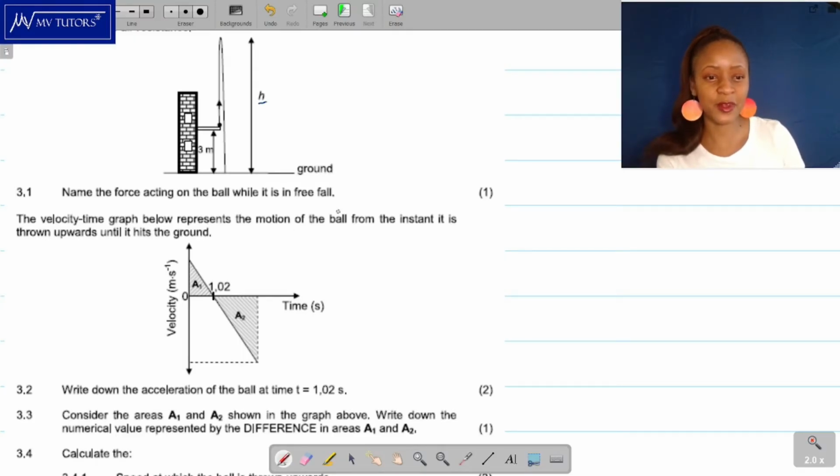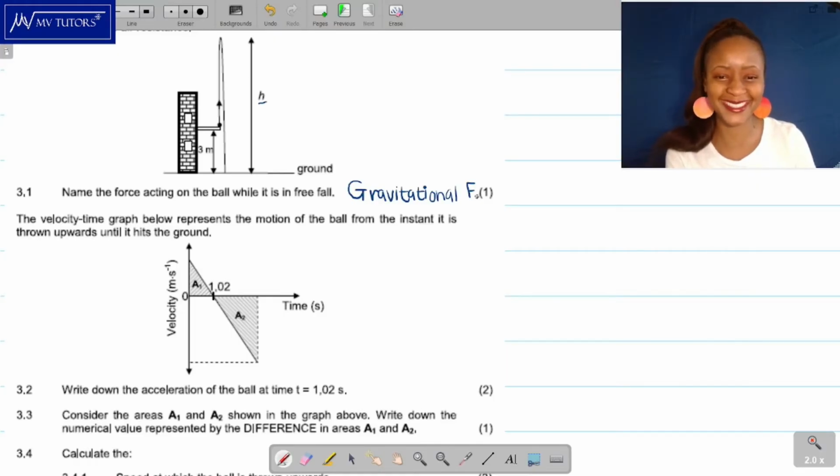It's the force of gravity. So I'm just going to say gravitational force, because it's acting downwards. I'm just going to put an F there, gravitational F. And on to the next question.